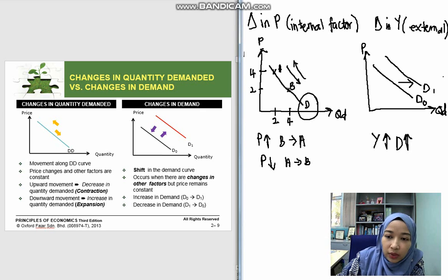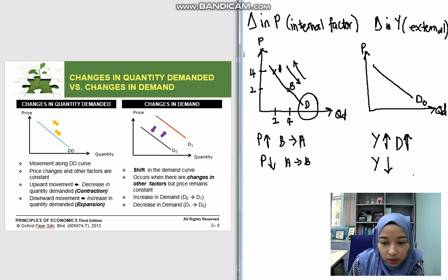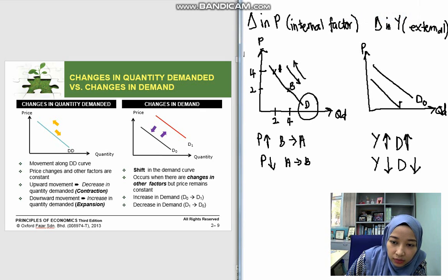Okay, and what happens if income decrease? Okay, if income decrease, people have lower income to spend, lesser money to spend. So what will happen is they will buy less. So demand will decrease. So when demand decrease, how to show demand decrease on the graph is the demand curve will shift to the left.